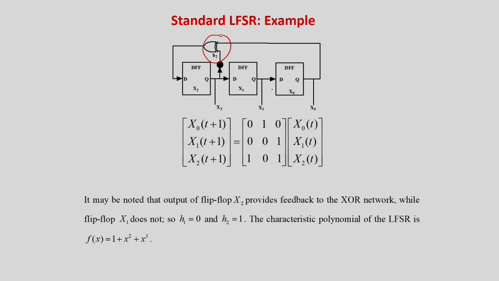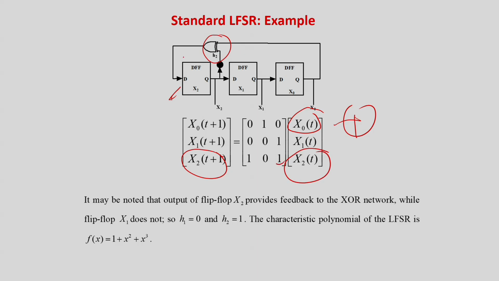Now look at the value of x0. x0 at t plus 1 is equal to x1, which is very simple. Similarly, the value of x1 at t plus 1 is nothing but the value of x0 of t, and then x2 of t. Now what is important is the value of this one. It is equal to x0, the second bit is 0, XOR with this one, because these are 1.